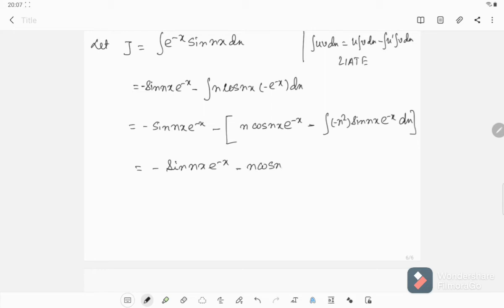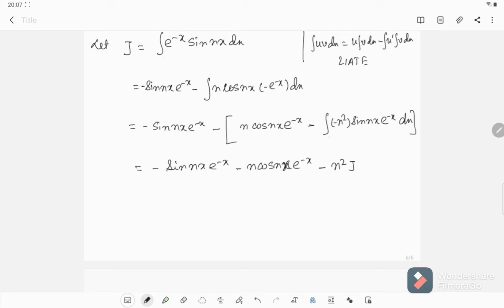I have to check whether I am right or wrong, because the integration sign may give some trouble if I am mistaking something. So here we will have plus again minus n square of j.